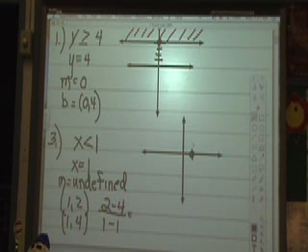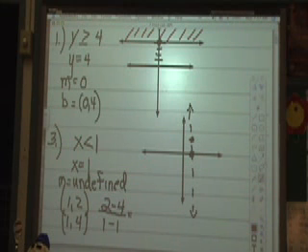There is no slope, it's just 1, 0, 1, 1, 1, 2. So if I need a second point, I could do 1, 1. All right, I'm going to have to do this on my own because I can't draw a dashed line.